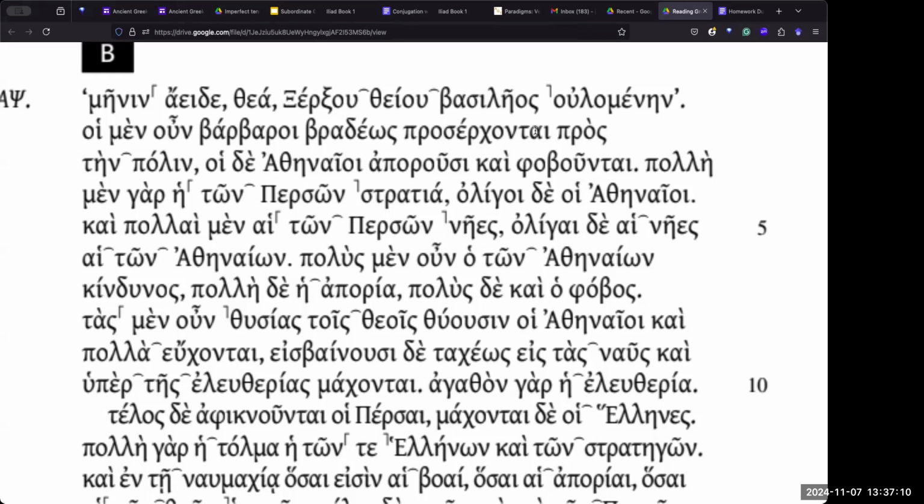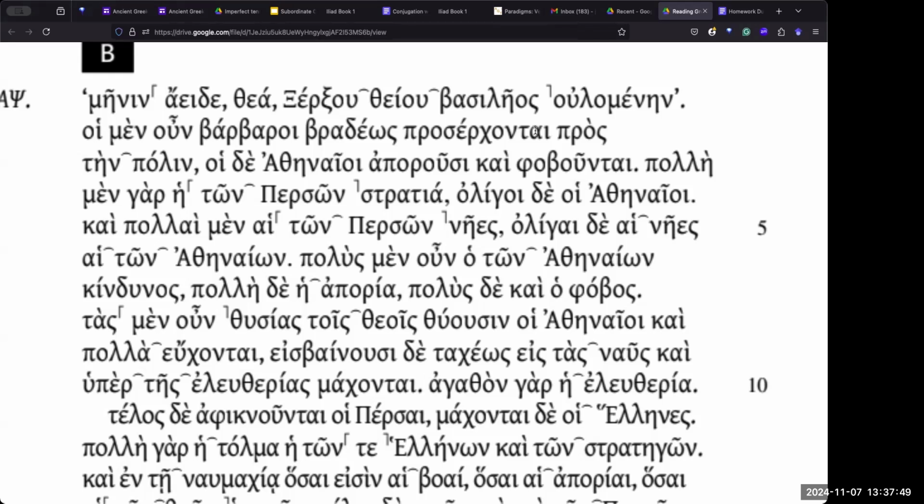So what do we do when it begins with a vowel? You lengthen the vowel, right? So epsilons become etas. So then it becomes pros-ērch-onto, right? So prosērchonto. See that? So we get barbaroi bradeōs prosērchonto, with eta and -onto at the end.